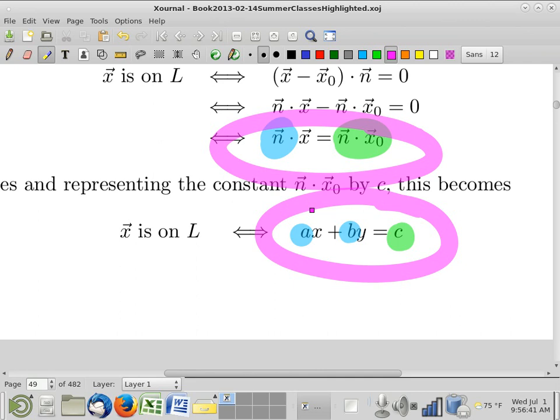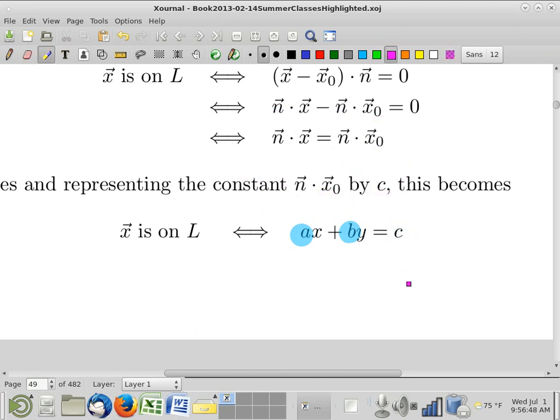Everybody happy? Okay. So what's the punchline of this? The punchline is that these numbers a and b that I had so much contempt for when I was in middle school are geometrically natural. They just never told me. It's reasonable that they didn't tell me, but nevertheless, keep in mind what they are. They are the coordinates of the normal vector.